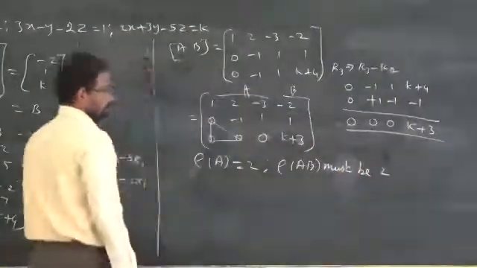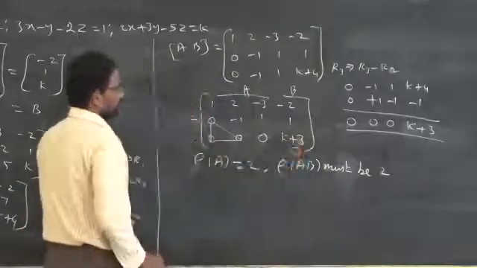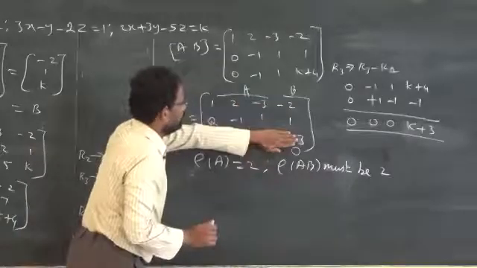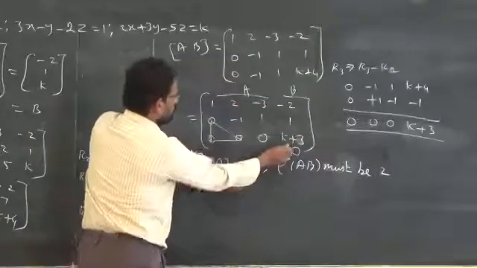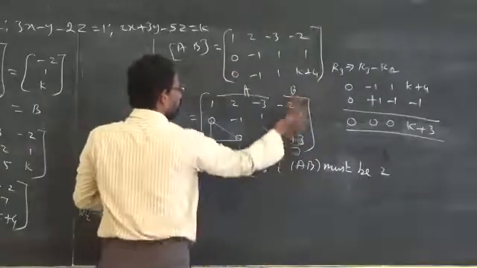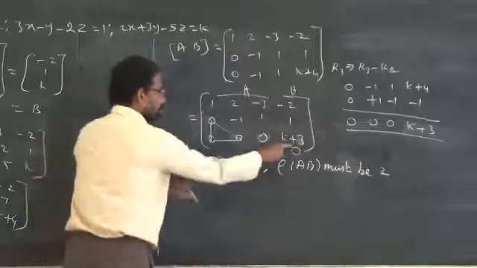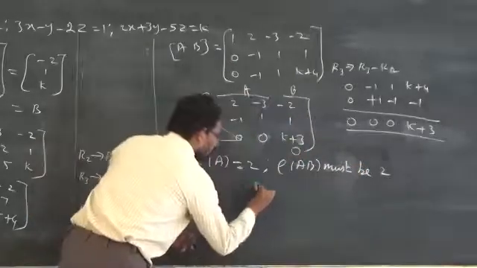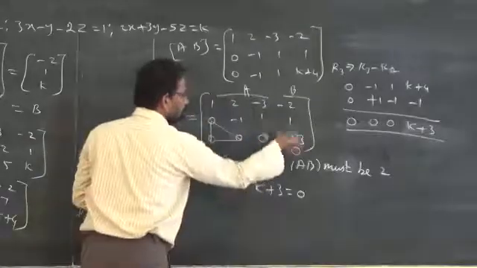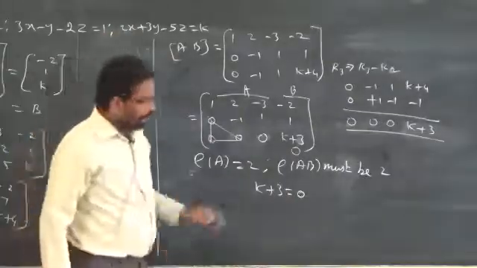So, how does rank AB become 2? If this element becomes 0, what about rank AB now? In the augmented matrix AB, this will also be 0. So, you can leave the entire third row, then how many rows are left? 2 rows. Therefore, you get rank AB as 2. How will this become 0? That we have to find out. Consider this to be 0 because the question says the given equations are consistent.